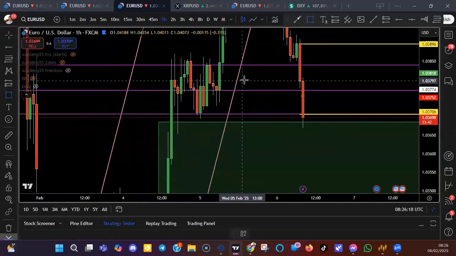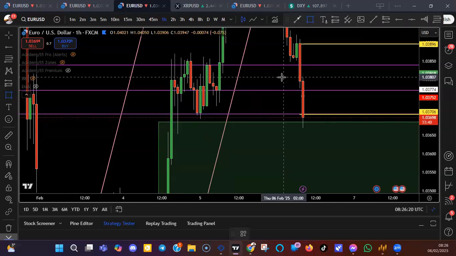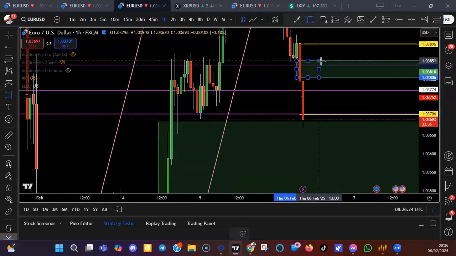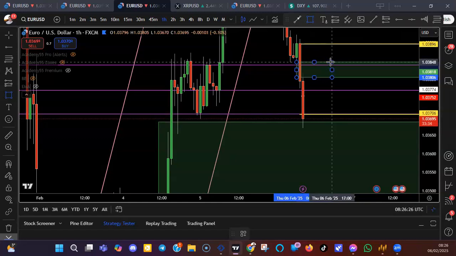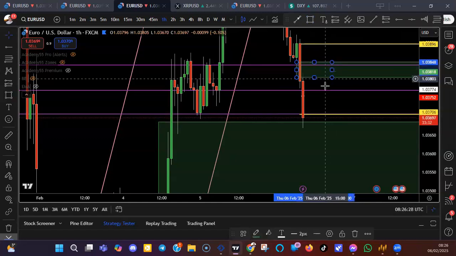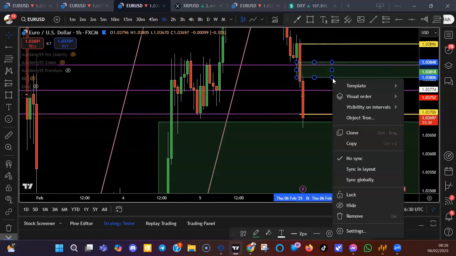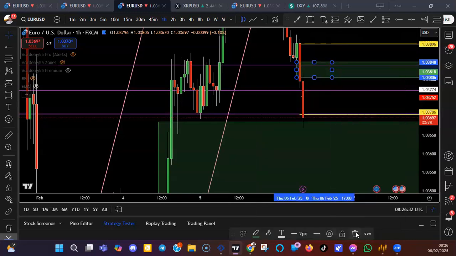I don't normally go any lower than the hourly, really. The higher the time frame, the more confirmation it is. So I go to settings.